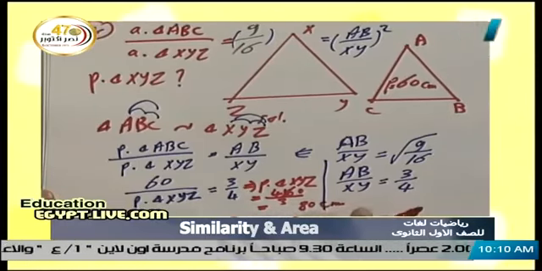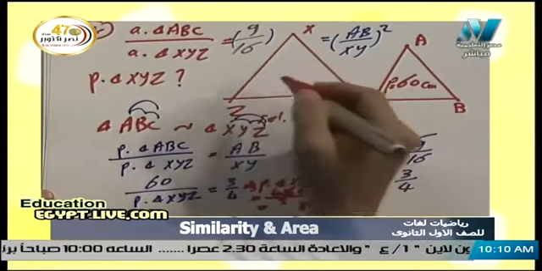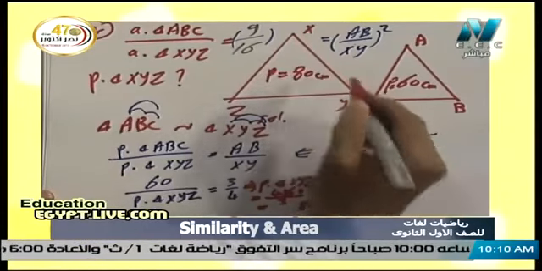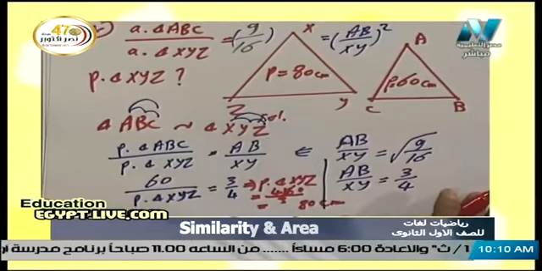Okay, so we now have gotten that the perimeter of triangle XYZ equals 80 centimeters because we used the ratio of areas.